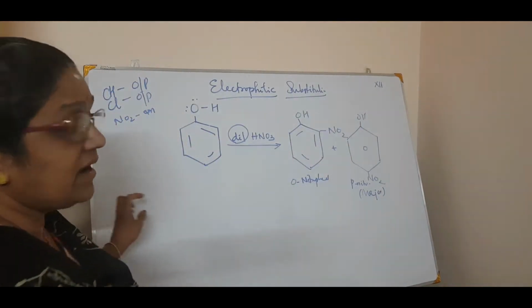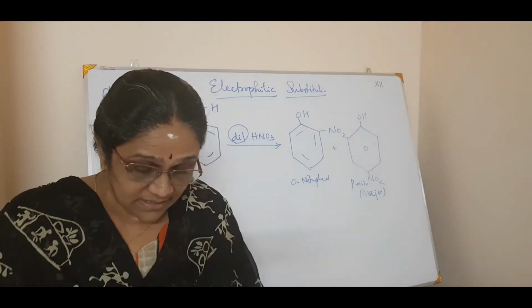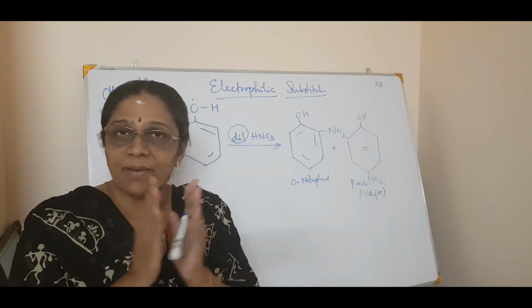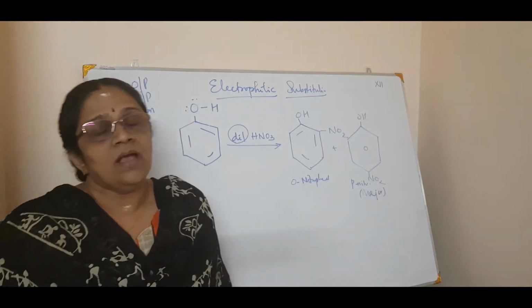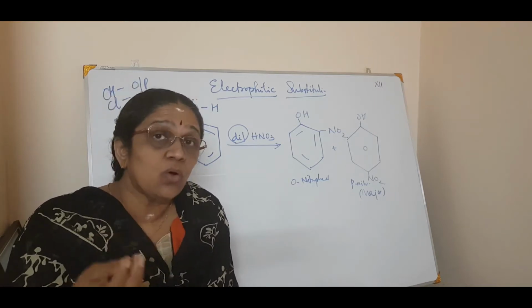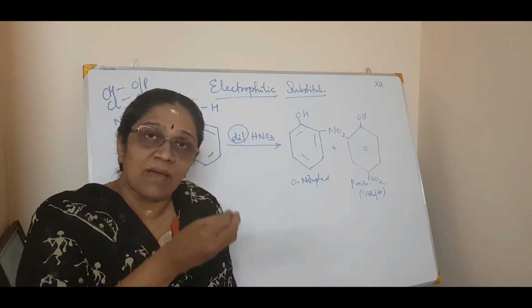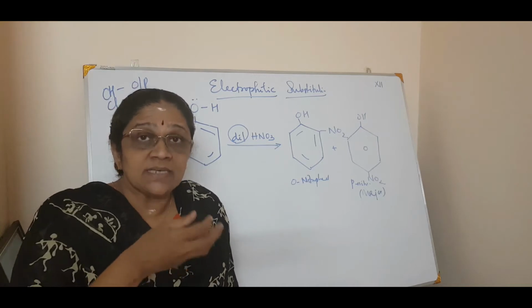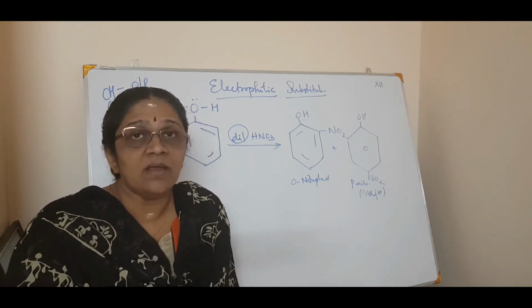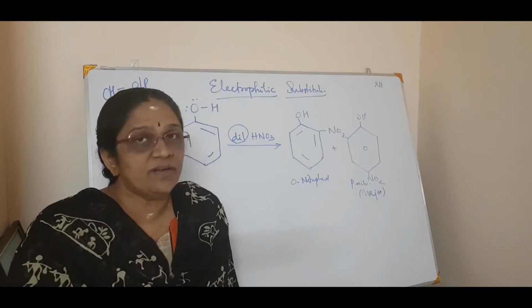But an interesting fact about this ortho isomer and para isomer is that you can separate them. Even though the ortho isomer is formed only in a minor quantity, you can separate the ortho as well as the para isomer because of their boiling point difference.